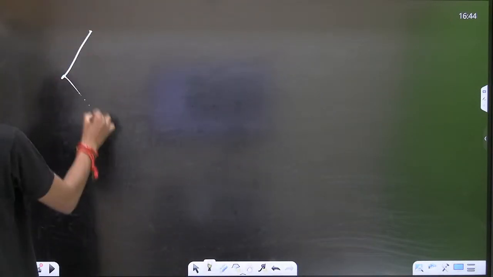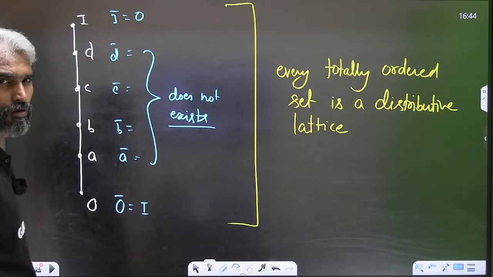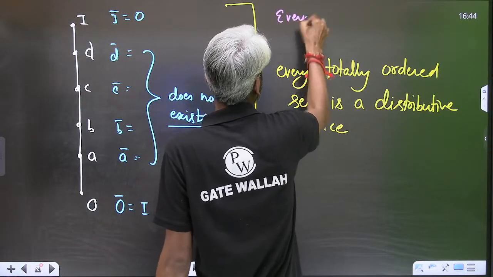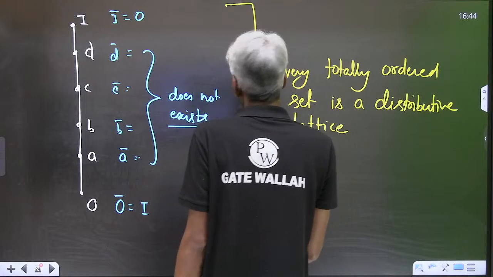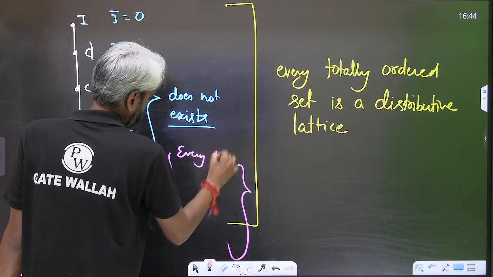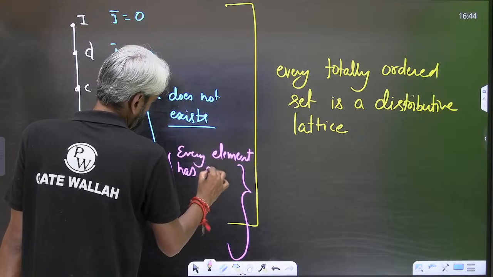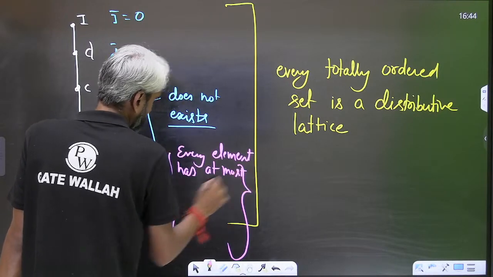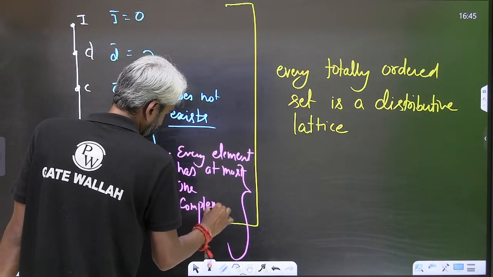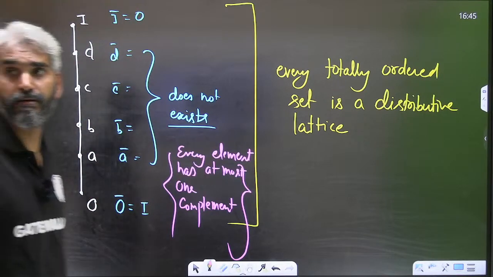Look at this. In the previous example, if you look, every element has 0 or 1 complement. Some elements have 0 complements and some have exactly 1 complement.